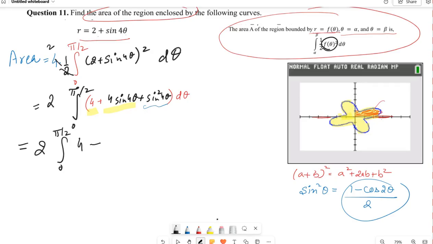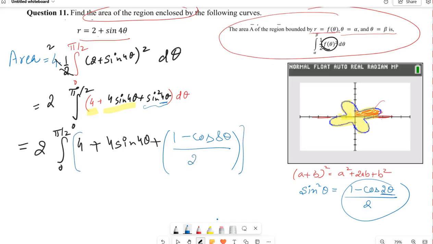The 4 we are not going to touch because we know how to integrate that. The 4 sine 4 theta we are not going to touch. But this portion can be written as 1 minus cosine of double the angle. The angle is 4 theta, so now it will become 8 theta because we need to double it, divided by 2. Integral with respect to theta.